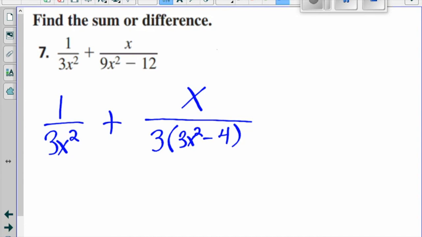And they're being subtracted, yes? So it's a difference of perfect squares, correct? Is 3 a perfect square? No, so that throws that all off. Because if 3 was a perfect square, then it would work. 9x squared is a perfect square, yes? Is 12 a perfect square? Well, no, so this is as far as it factors. So the most we could do is factor out a 3. Okay.